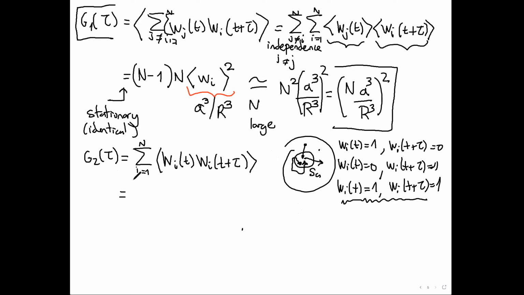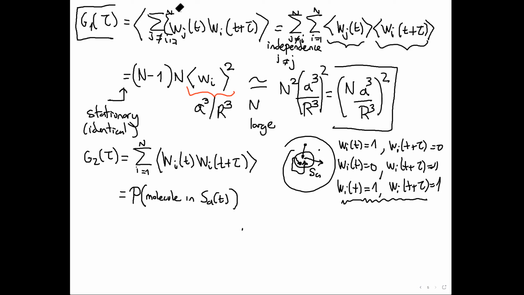We can say something like this. This is a cube divided by r cube times u tau. And I will now explain what is u tau. But actually I can really unfold and do it in a different way. So we need to know these events. This is like a probability, because I'm just summing numbers that are 0 or 1. So I need the probability that a molecule is in SA at time t.